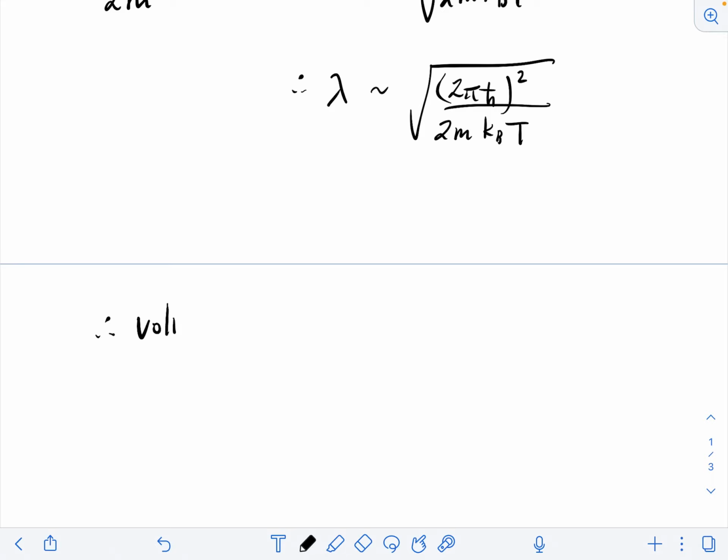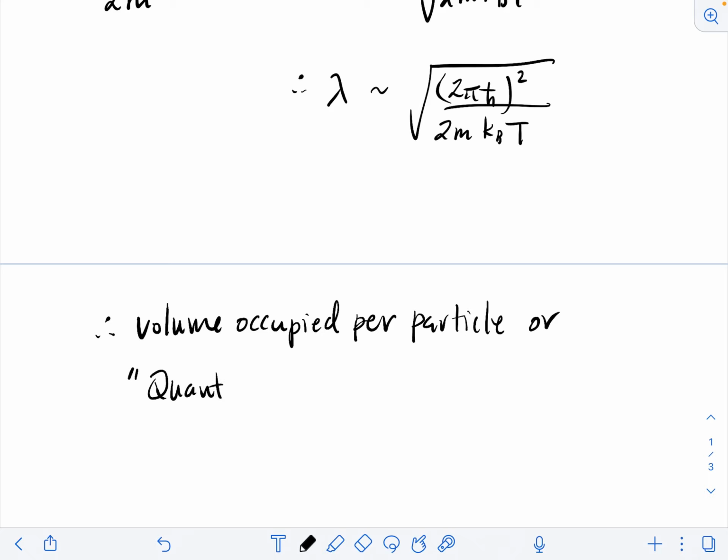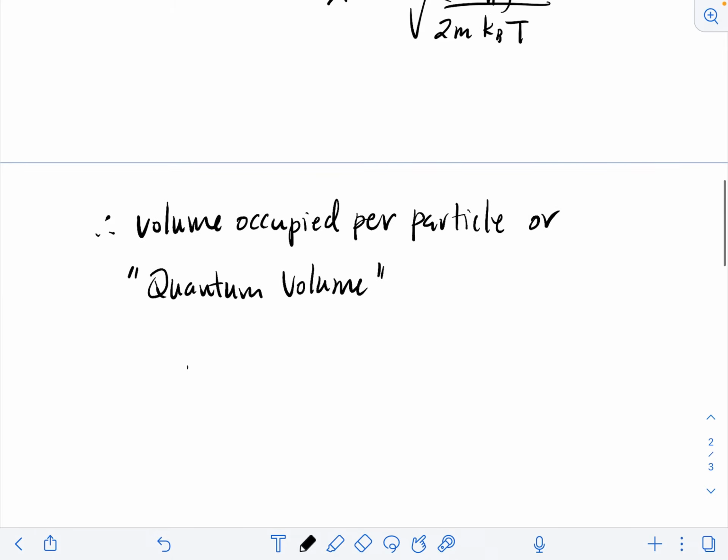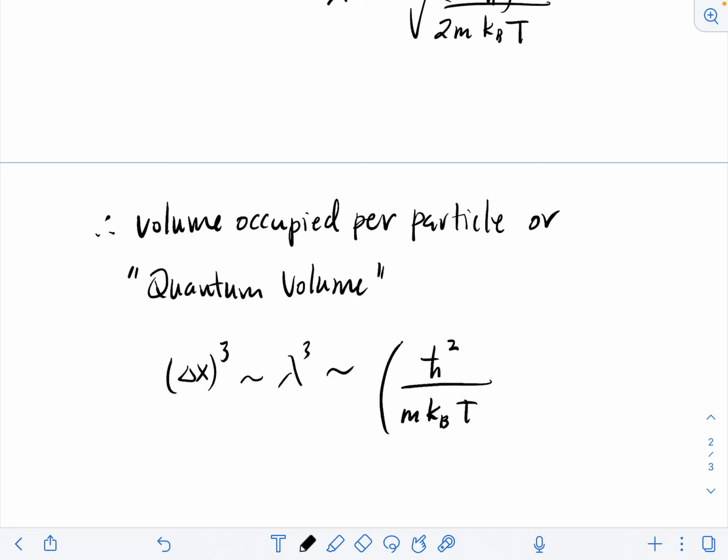So the volume occupied per particle, or sometimes people refer to this as a quantum volume, is delta x cubed, around the cube of this de Broglie wavelength, which is going to be, ignoring factors of 2 and pi, h bar squared over m kBT to the 3 halves.